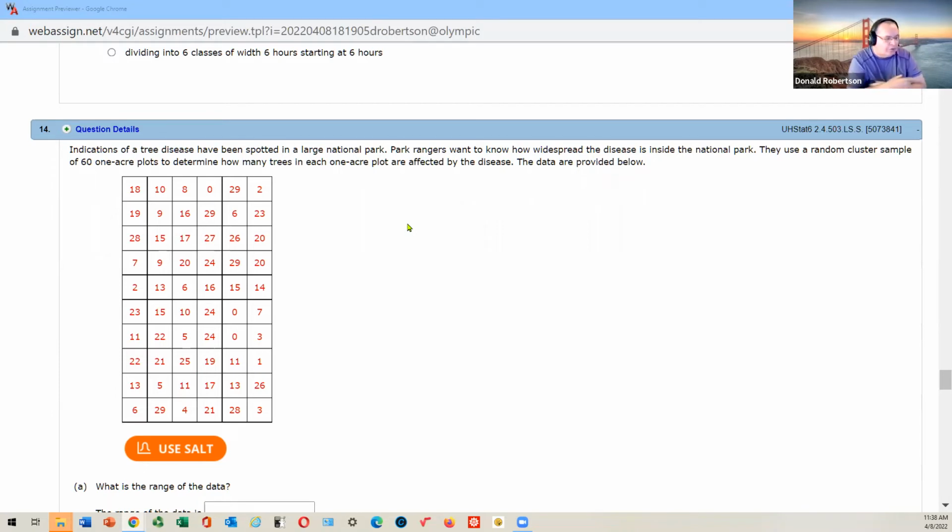So basically, you've got 500,000 acres, and they just pick little square plots, and they probably do it by aerial views. How many of the trees look brown, right? 10, 4, nobody, whatever it might be. And this is what it looks like.